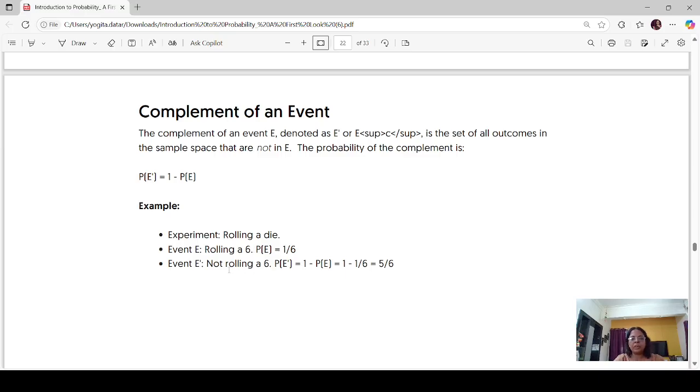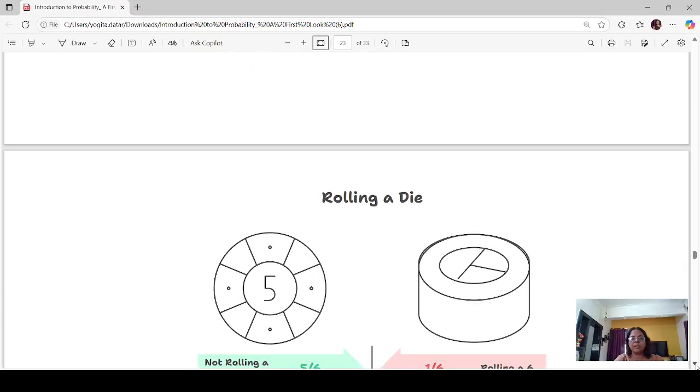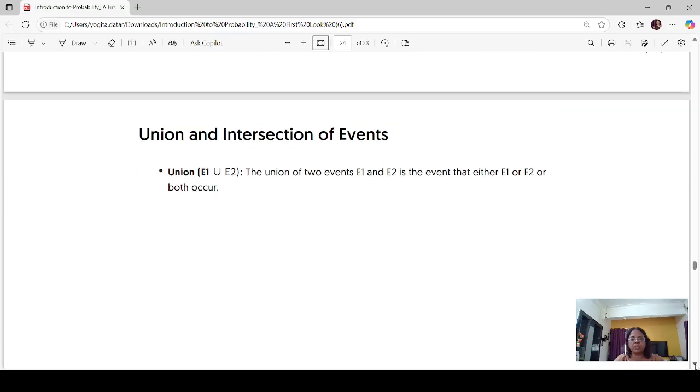Then probability of not getting 6 is 1 minus 1 by 6, that is 5 by 6. So this is called complement of an event. Not rolling a 6 is 5 by 6 and rolling a 6 is 1 by 6. So when we add both, we get the answer 1, which is the probability of the sample space.